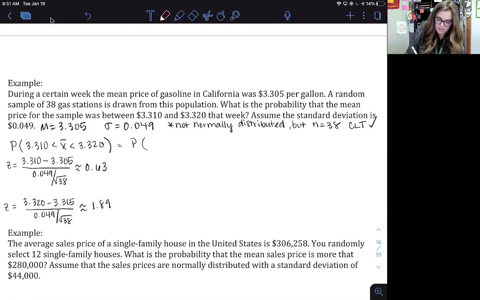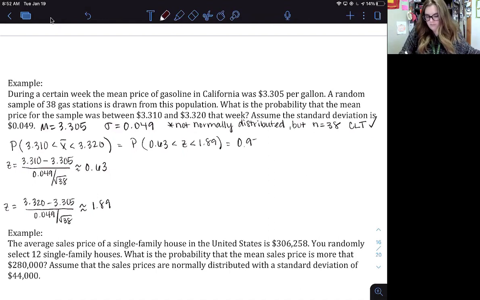So now we're finding the area between the z-scores of 0.63 less than z less than 1.89. So we're going to find the area of both of these, and then we're going to subtract. So we pull out our tables, and we look at table 4. On the positive side, we're going to find the area for 1.89.